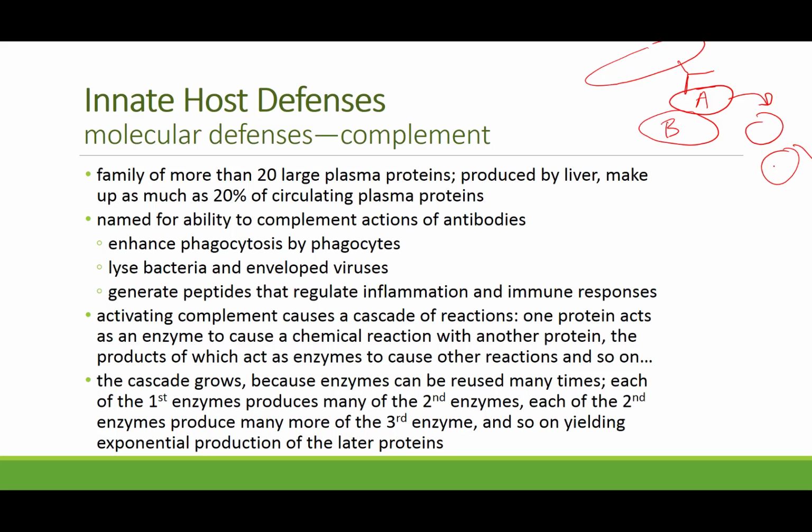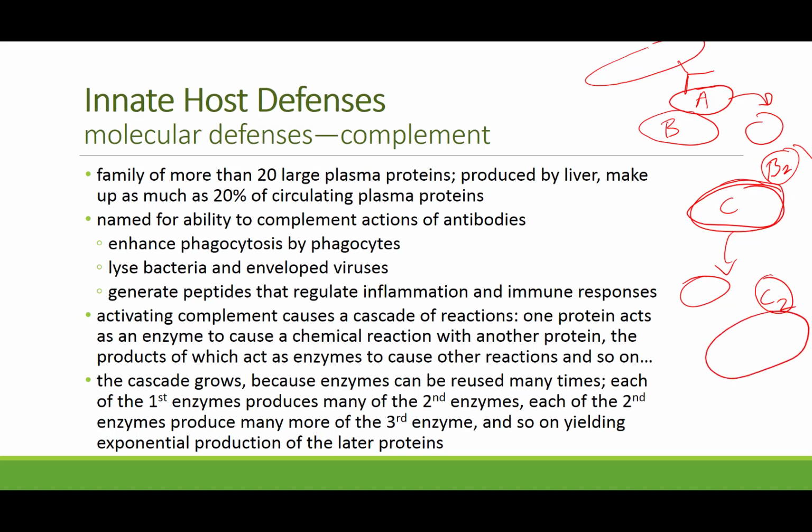So now we have B part 2, which is an active enzyme, and every time it finds C and binds to it or interacts with it, then it breaks C apart into active forms. So here's C2, and now C2 acts as an enzyme, and so on.